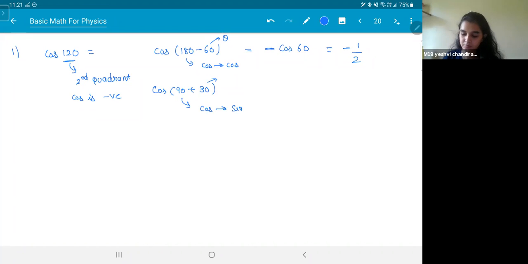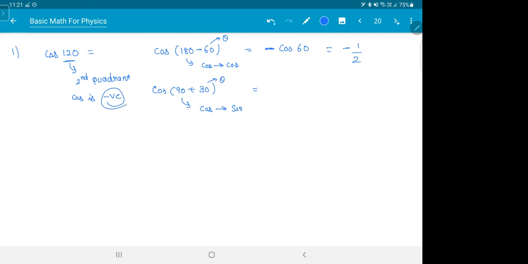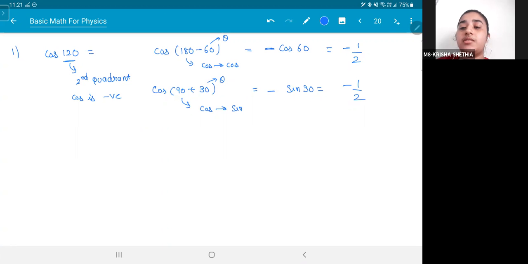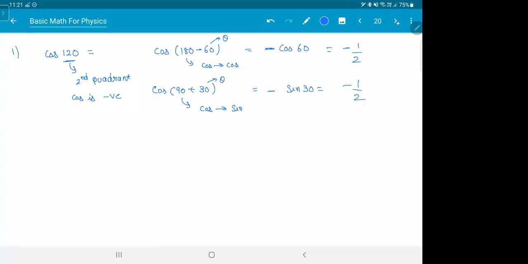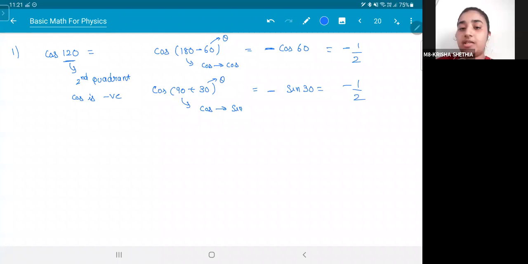This is theta, with a minus sign here. So minus sine 30, minus half. It doesn't matter, both give the same answer. You can take 180 minus 60 or 90 plus 30. Sir, we can even write it in the form of 270. But with 270 again you'll get an obtuse angle.